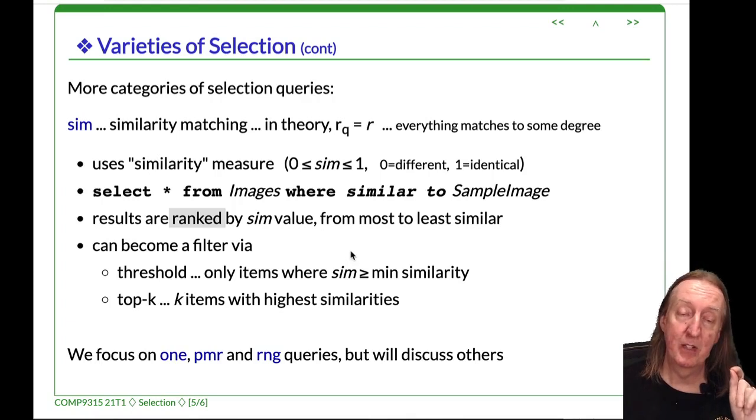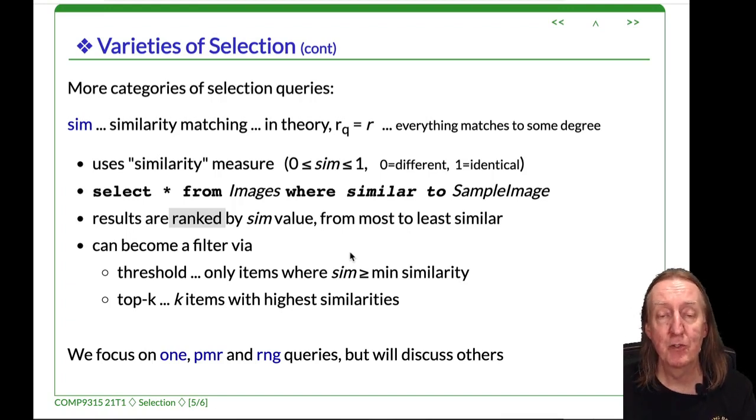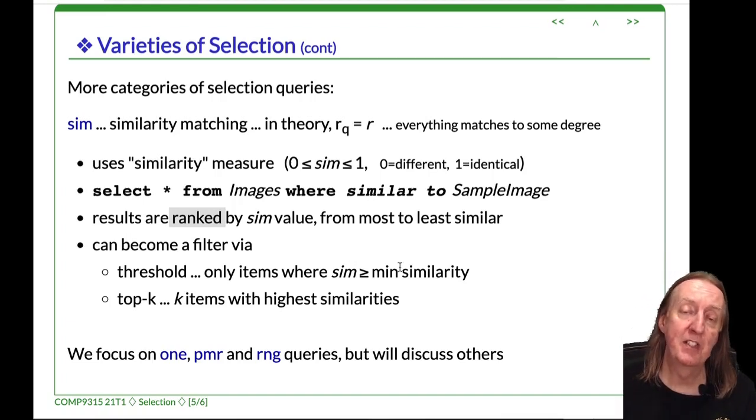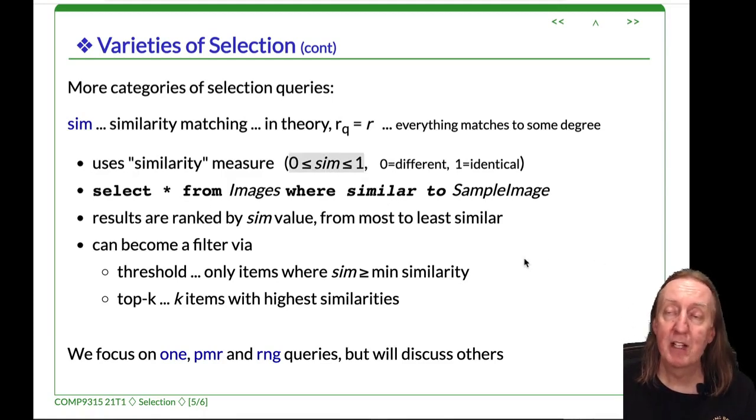If the clause evaluates to true for a tuple, it ends up in the result. If it evaluates to false for the tuple, it doesn't end up in the result. So that's a nice binary distinction. Here things are a little bit vaguer because we've got this range of similarity measures.